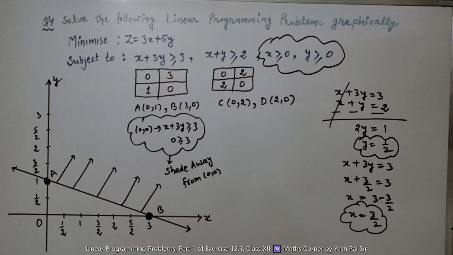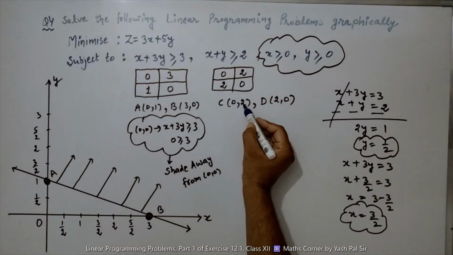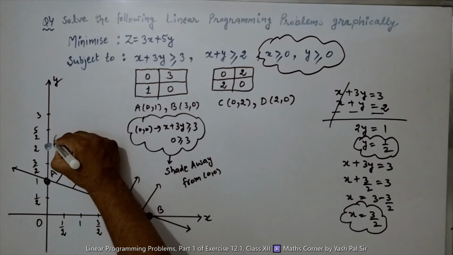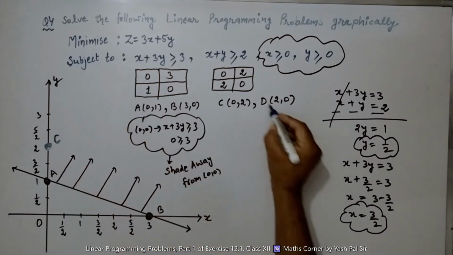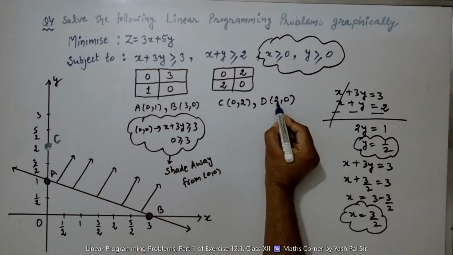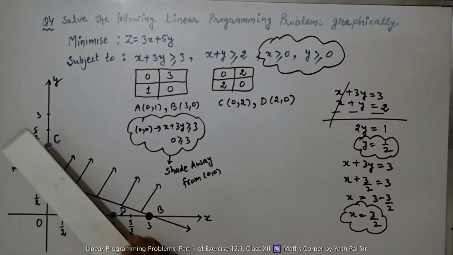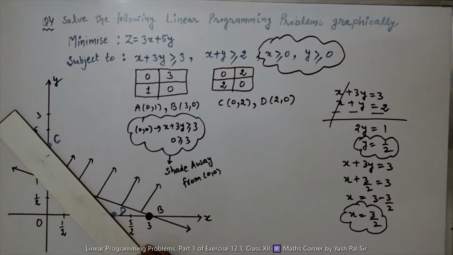Now taking second inequality, first point is x 0, y is 2. So this is the point C. Next one is D point, x is 2, y is 0. So this is the next point, D point. Right? So we join these 2 points. Again we have to shade.